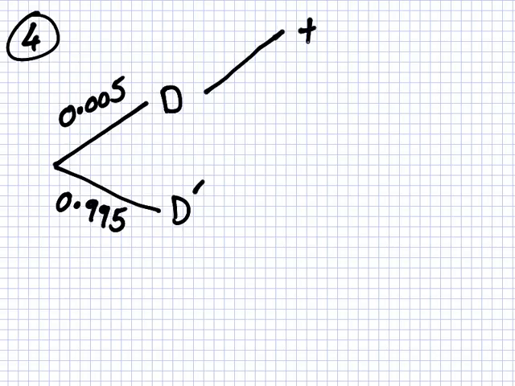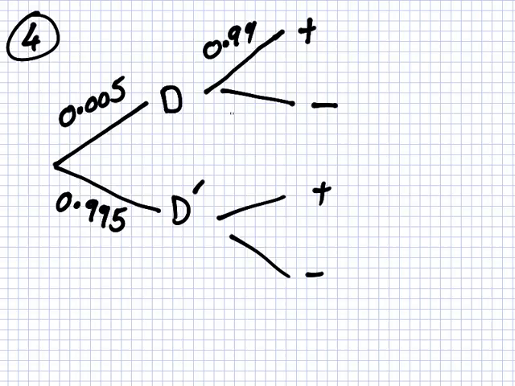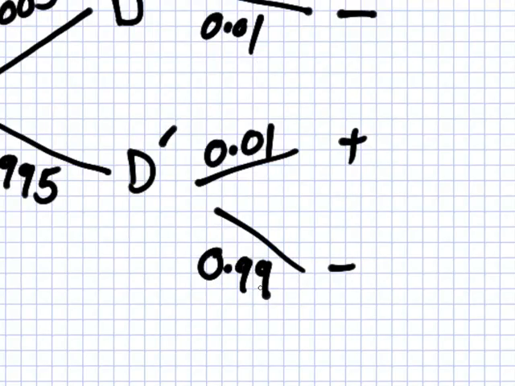You can get a positive test result or negative. Positive or negative. Okay. If they use drugs, what's the probability of a positive? 0.99. And of a negative? 0.01. And here? 0.1. Because this one was 0.99. Okay, that's a bit better, I think.